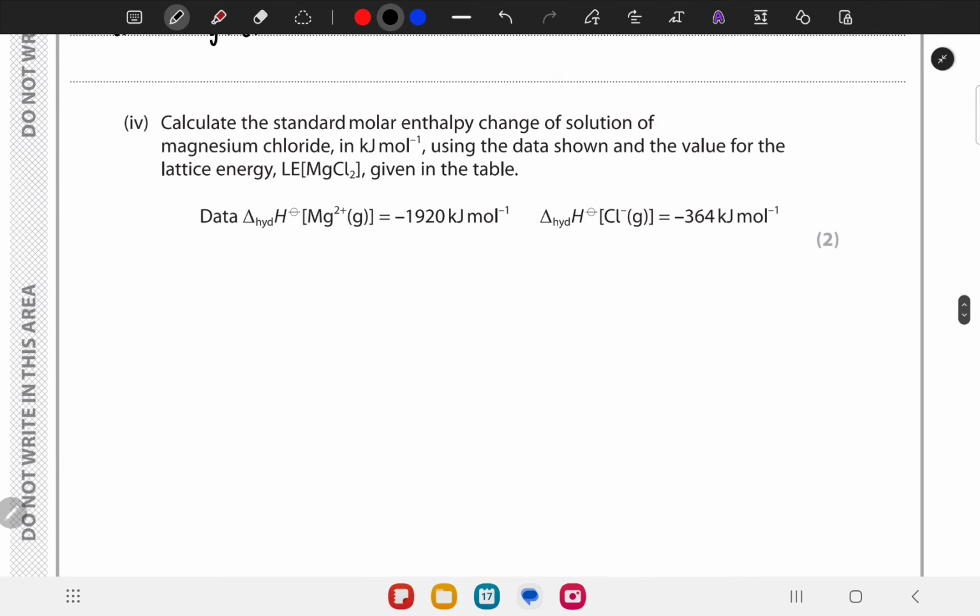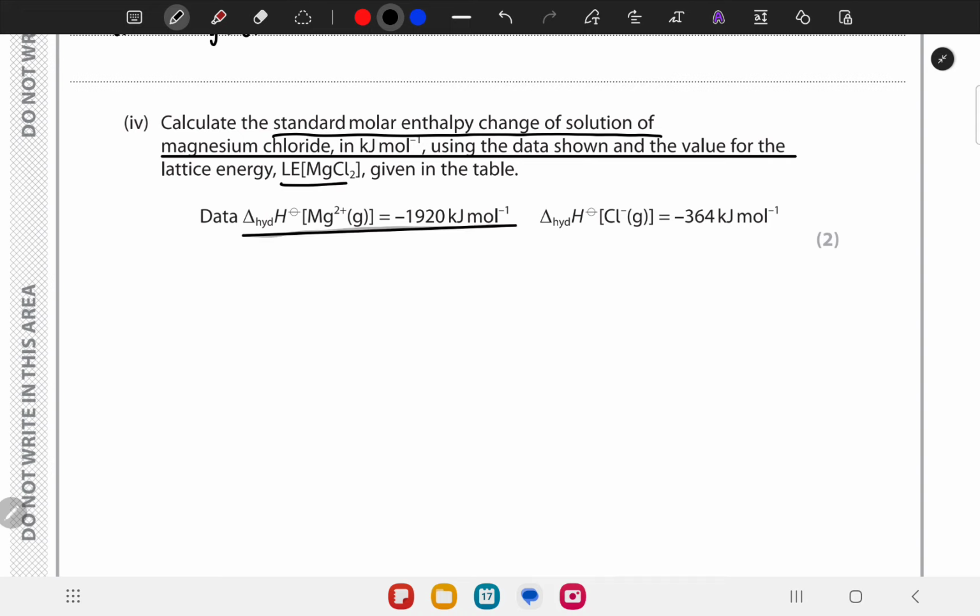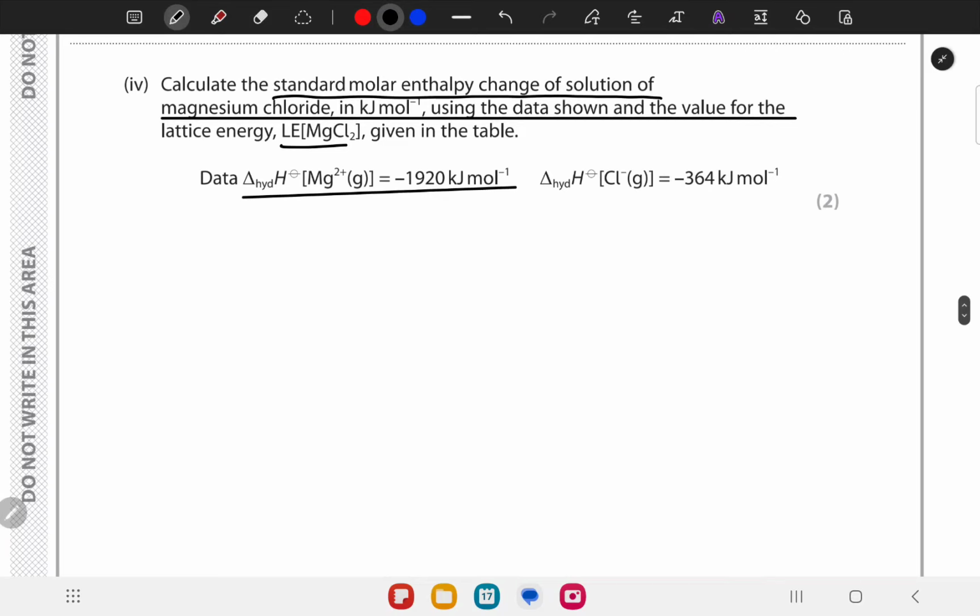Now in part 4, we are given that the standard molar enthalpy change of solution of magnesium chloride is given in the table. We are given the enthalpy change of hydration of Mg2+ and Cl-.